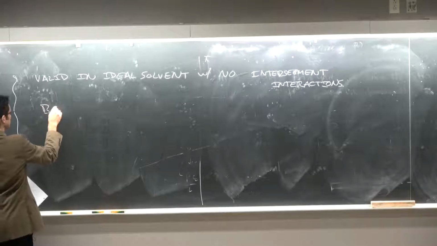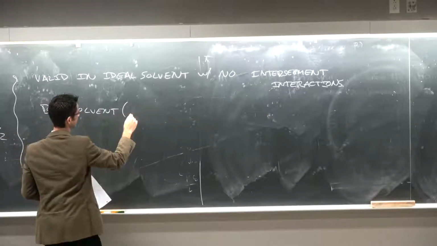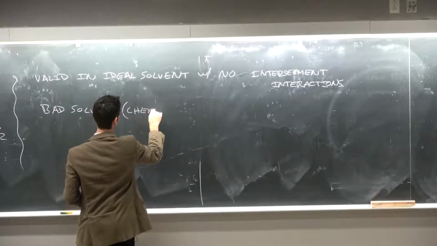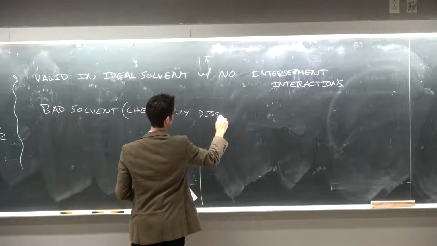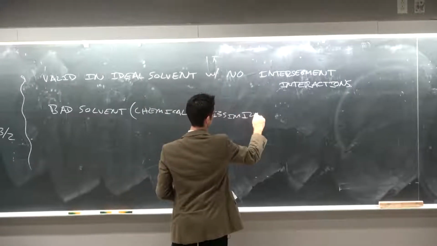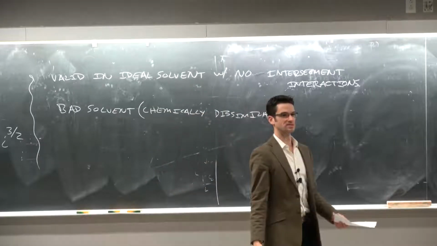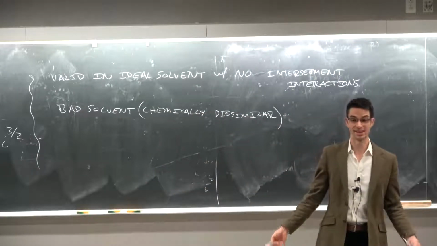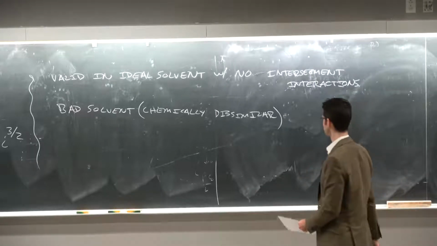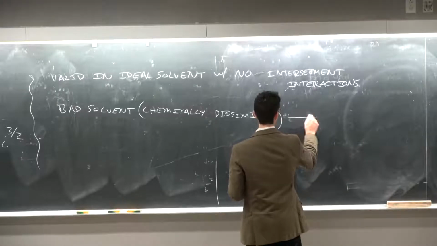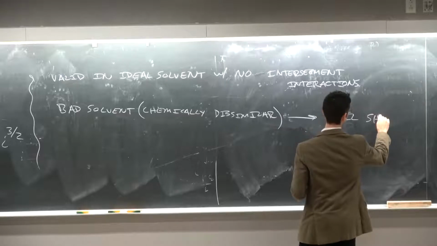But in a bad solvent, and let's say this is chemically dissimilar, interpreted broadly, it just doesn't particularly like the monomer residues compared to how much it likes itself. And the consequence of a bad solvent is that the coil shrinks.